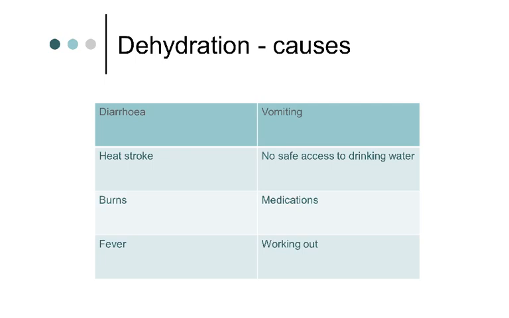But looking at the other causes that you will commonly see is diarrhea and vomiting, heat stroke, no access to safe drinking water. That's not so much a problem in Australia, but certainly in third world countries. Burns as well. We lose a lot of fluid with burns, and we'll talk about that in the burns lecture.